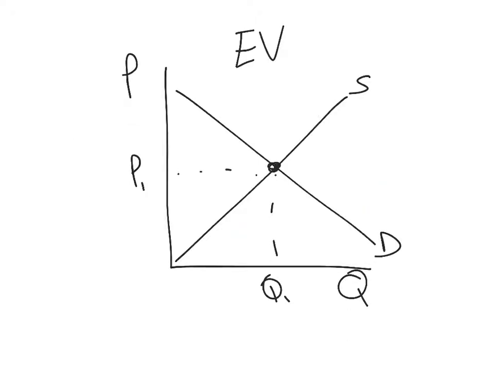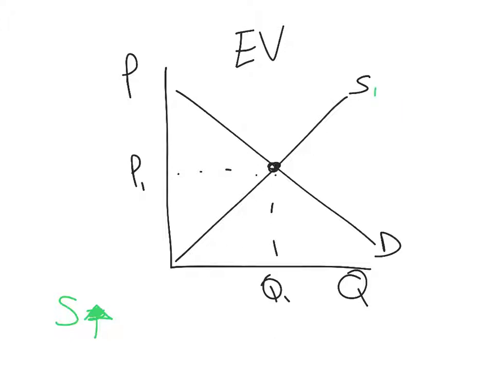So let's take this example of the EV market. And so we have supply and demand and equilibrium price and quantity. So when the government initiates a subsidy, what that's going to affect is that subsidy is paid to producers who supply goods. And if producers have more money, they can increase the amount of factors of production they can buy. And so supply is going to increase.